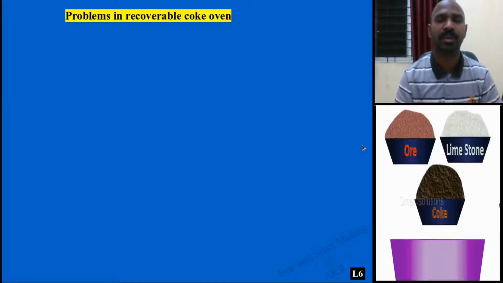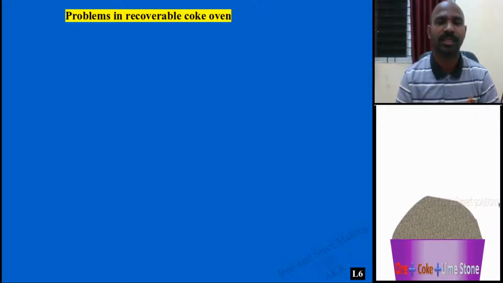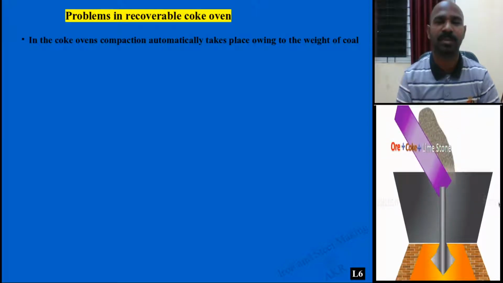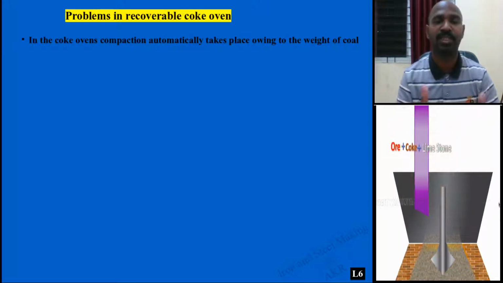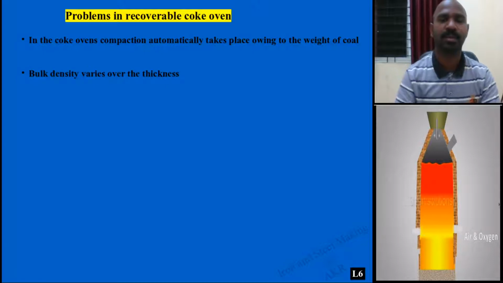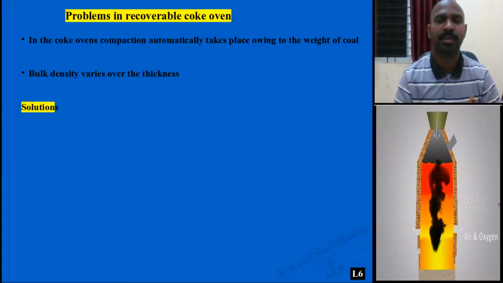Today I am going to speak about the problems encountered in recoverable coke oven batteries, which I taught in the last lecture. The problem in this situation is that the compaction of coke happens automatically in the coke oven battery chamber, which leads to a variation of compaction at top and bottom.